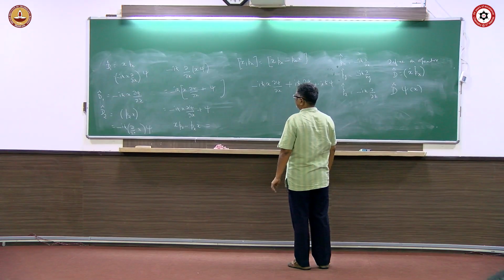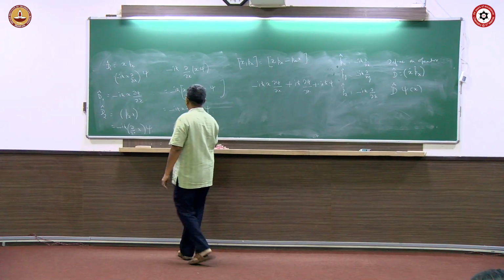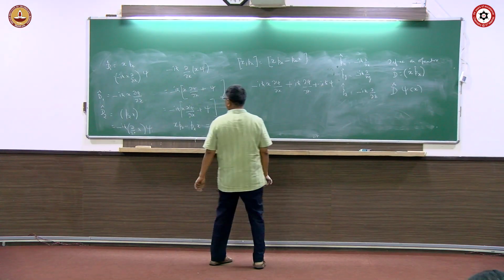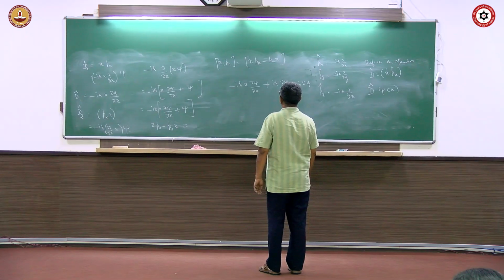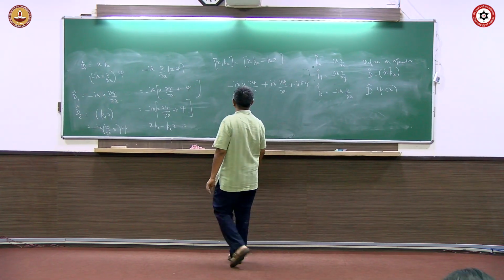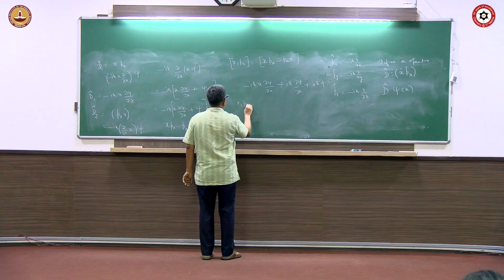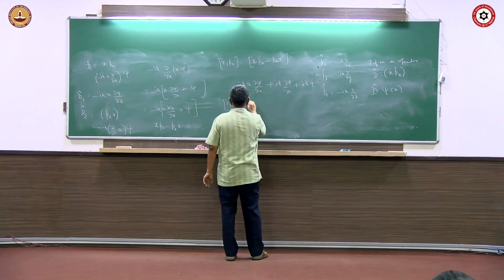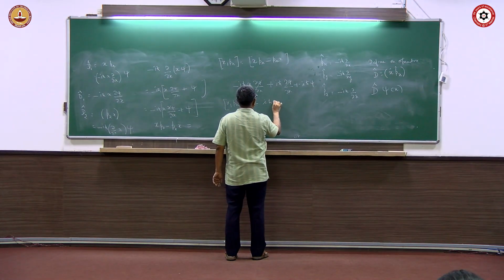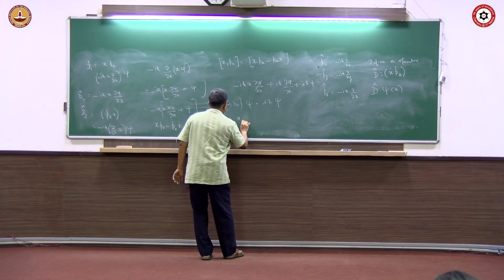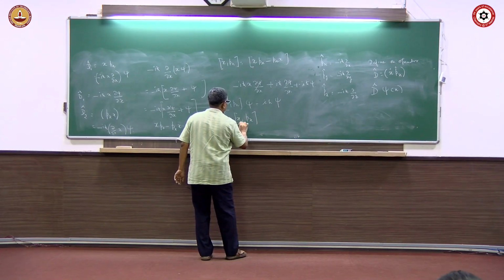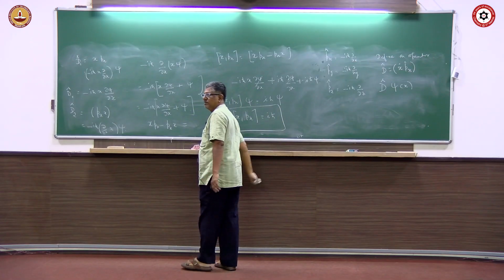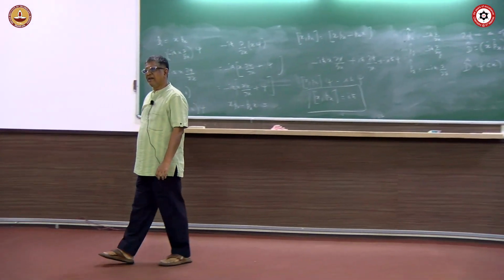Correct? Therefore, what is the answer that you are getting? [x, p_x] ψ equals iħ ψ. Therefore, [x, p_x] is iħ.